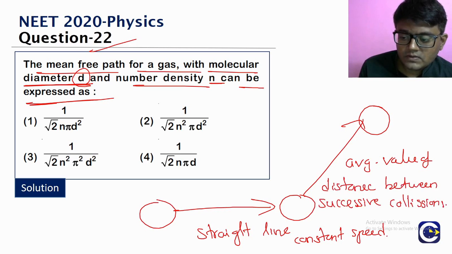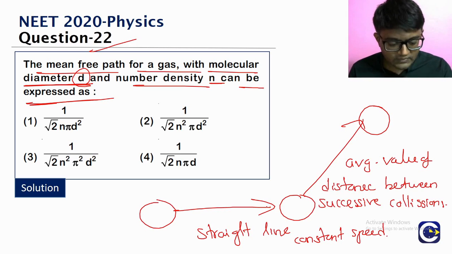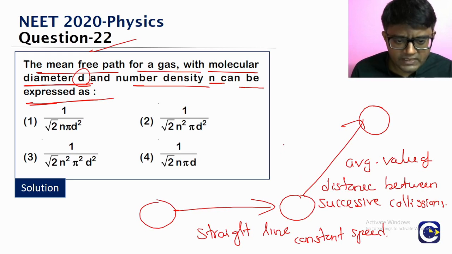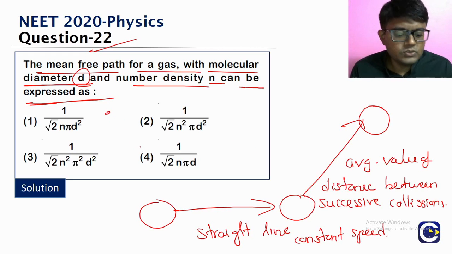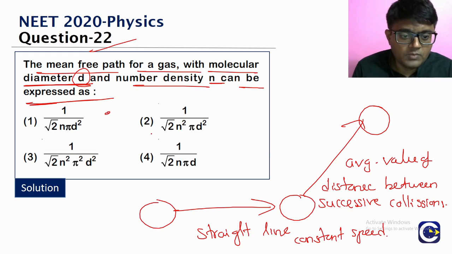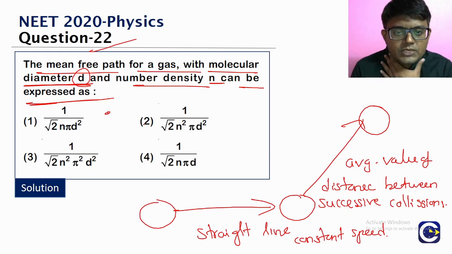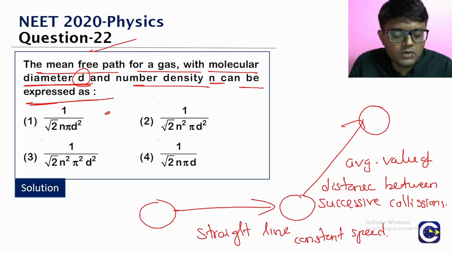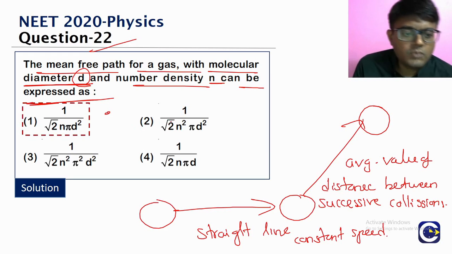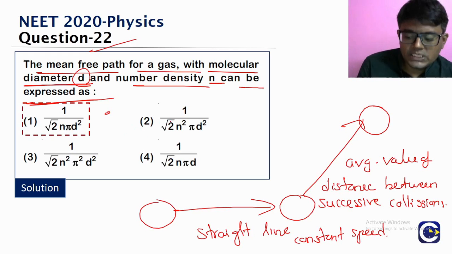collisions. Okay, so the derivation of the result is something that we are not going to look at in the solution. We'll just look at the formula. This is a formula that we'll have in most of the textbooks, including the NCERT textbook also. What is the mean free path formula? It will be 1 by root 2 n pi d square.